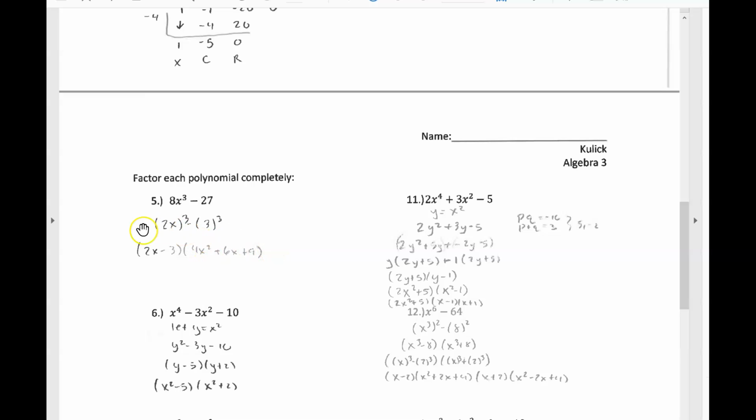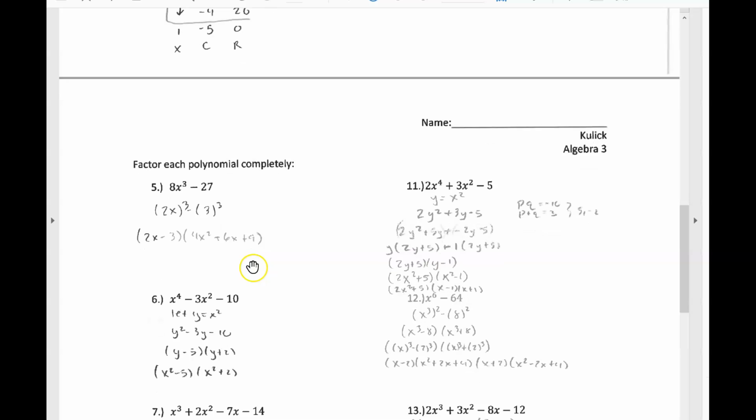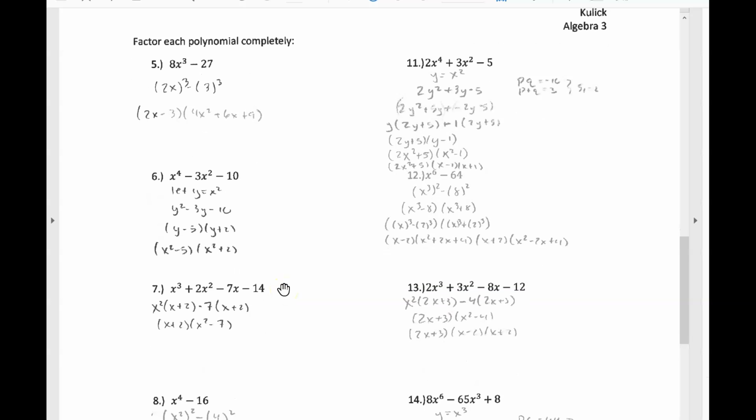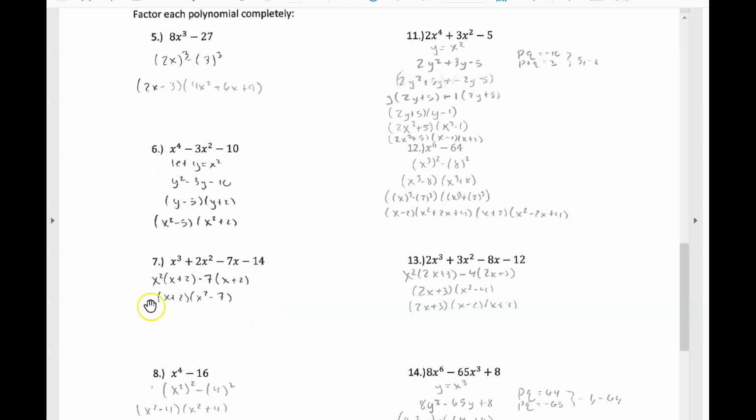For 5, I get 2x minus 3 times 4x squared plus 6x plus 9. For 6, I got x squared minus 5 times x squared plus 2. For 7, I got x plus 2 times x squared minus 7.